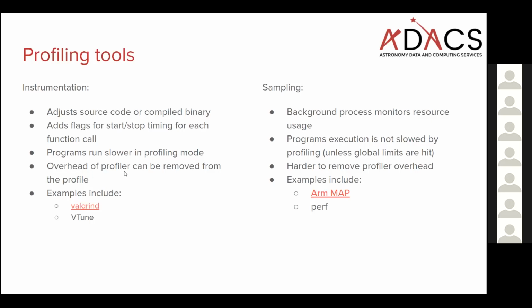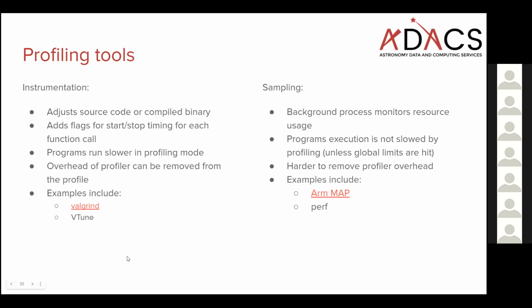It also means that the profiler knows which resources were spent on the program itself and which were being used by the profiler, so you can separate those two a bit. So some examples would include Valgrind or VTune. I think Valgrind is available on Pawsey. VTune might also be, but I've never used that before.